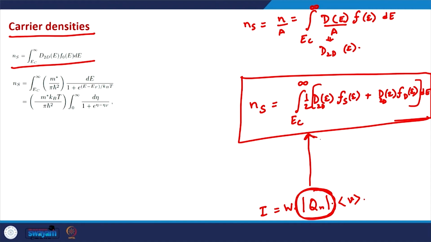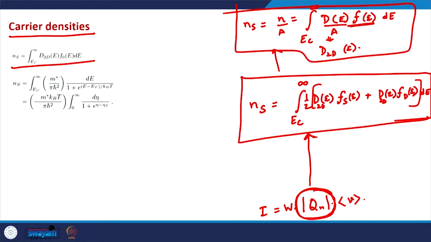So in order to calculate this expression, let us first see how it actually looks. This is the expression for a general semiconductor when it has a Fermi function F(E) and density of states D_2D(E). In a 2D case, D_2D(E) is m star divided by pi h bar squared, and the Fermi function is 1 by 1 plus exponential of E minus E_F by kT.